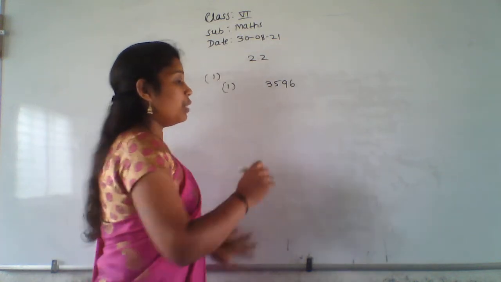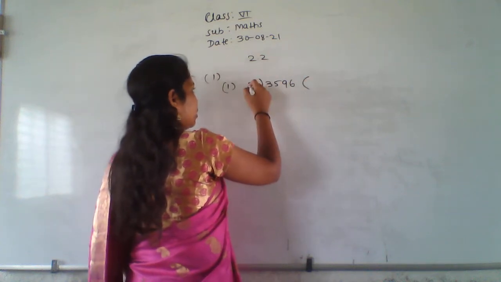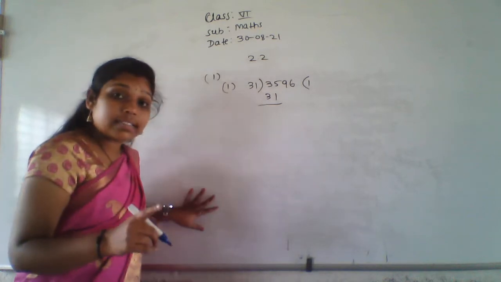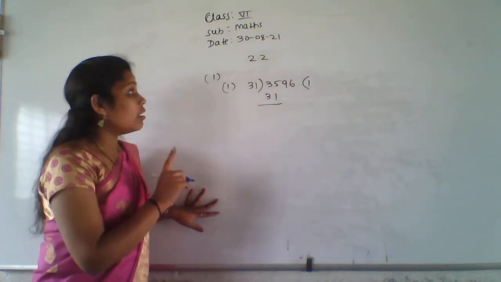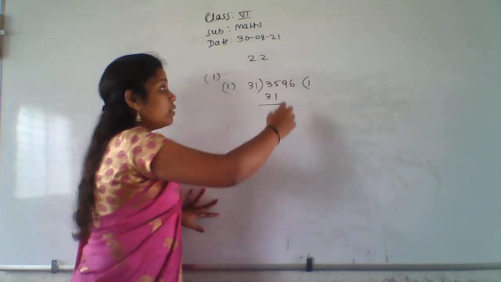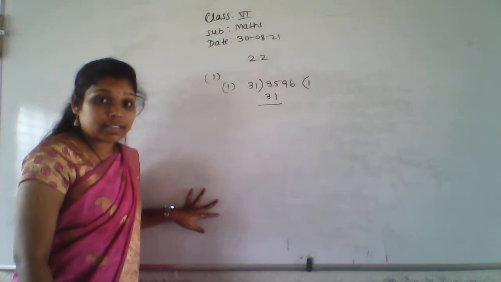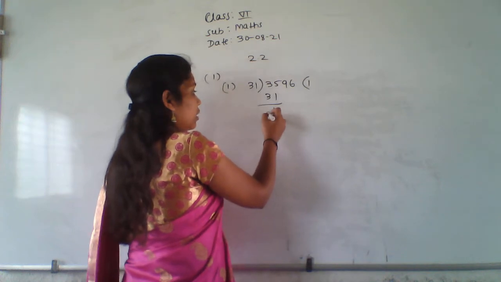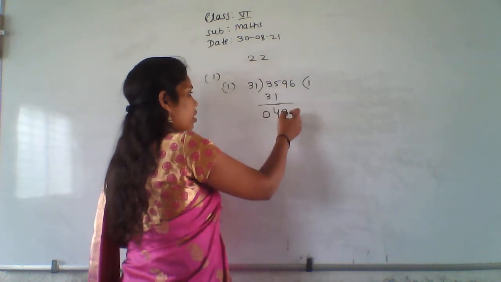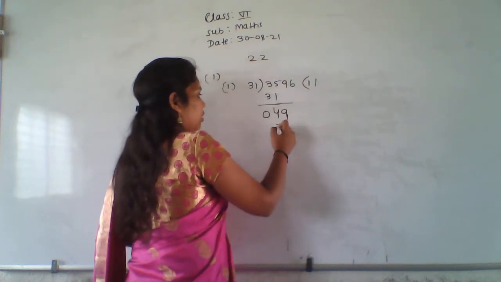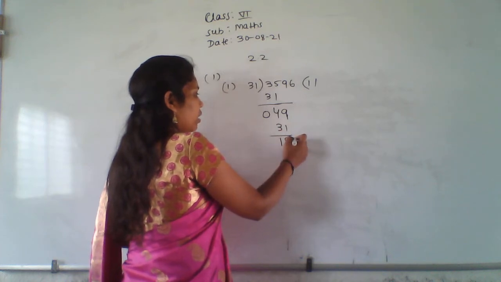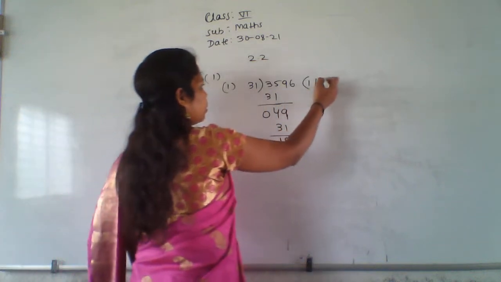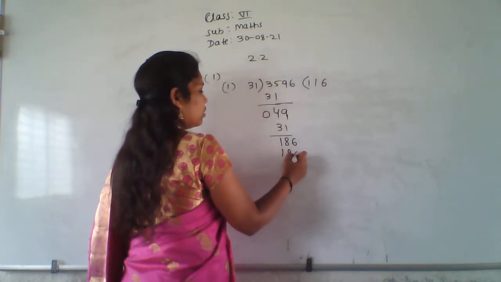Then what do we have to do here? Do the division. 31 ones are 31. If the remainder is 0, then only we can say 31 is a factor of 3596. Otherwise it's not a factor. Now take the digit 9. Again 31 ones are 31, 8, here 1, 6. 31 sixes are how much? 186, right?